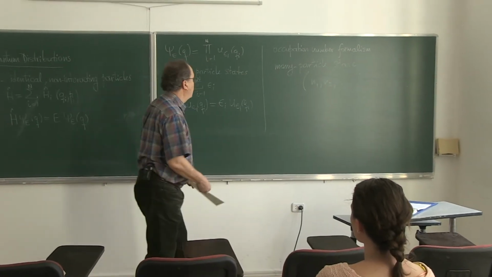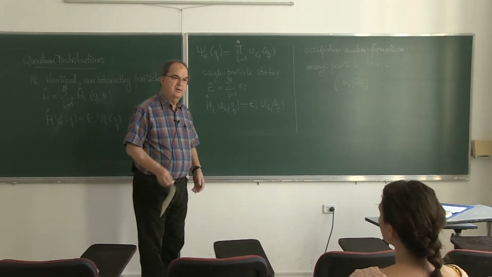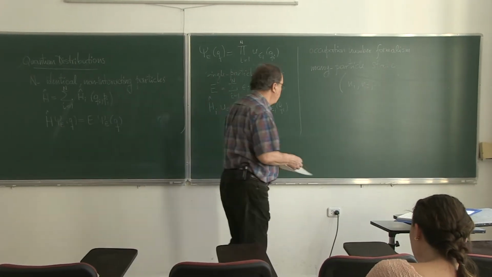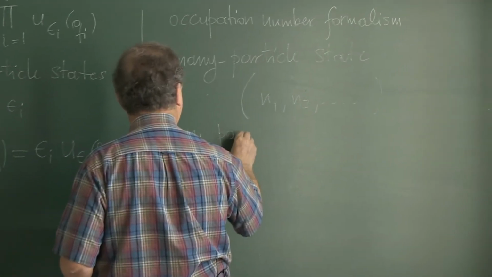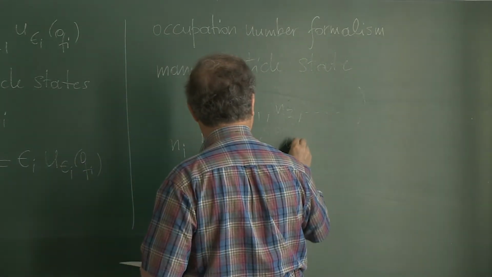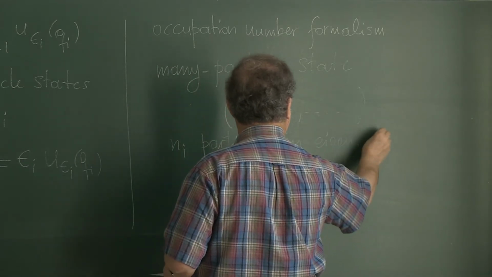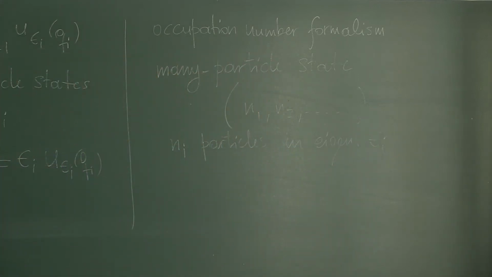So we have N_i particles in a state with energy epsilon_i. Okay? That's important. So N_i particles in eigenstate epsilon_i. That's our occupation number formalism.